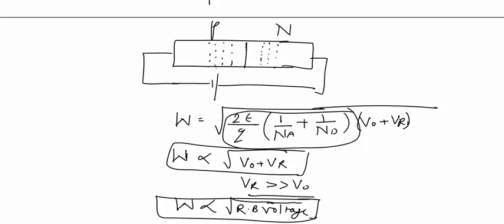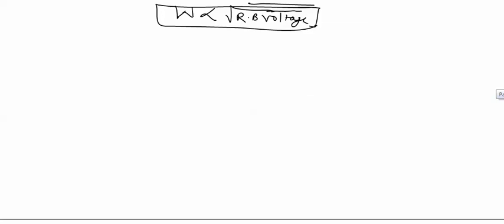Now, when this diode is used in practical circuits, we will have to replace this diode with its equivalent circuit. So now we will draw equivalent circuits of diode. Equivalent circuits will be based on the biasing of diode.